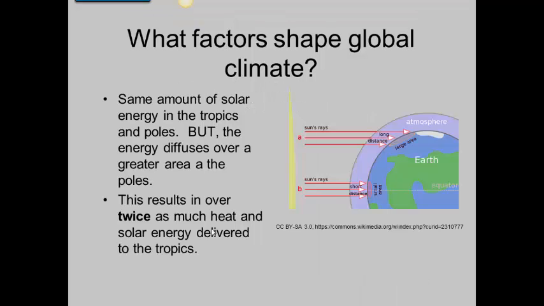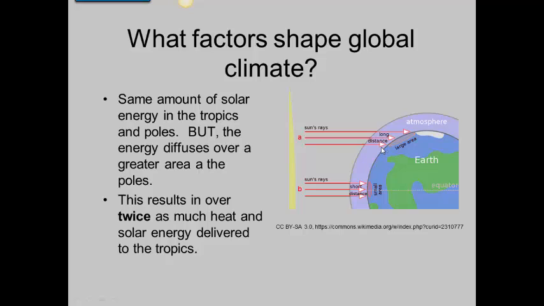Another important factor that drives the distribution of biomes by shaping global climate is something called uneven heating. This diagram is showing us the sun over here in yellow, and it's showing us rays from the sun being delivered to the northern part of our planet and then also to the equator.